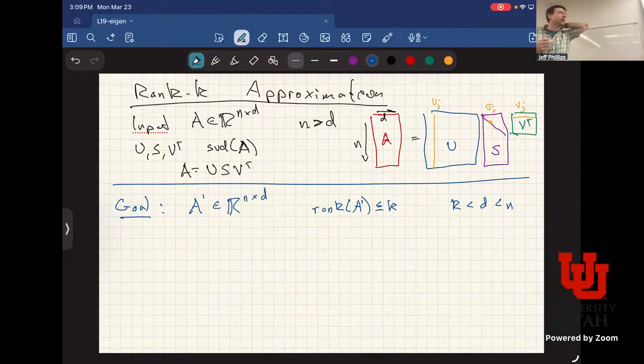And I'm going to allow the rank of A prime to be less than or equal to K in case the rank of my input is already smaller than D. But typically we'll assume the input matrix is full rank.